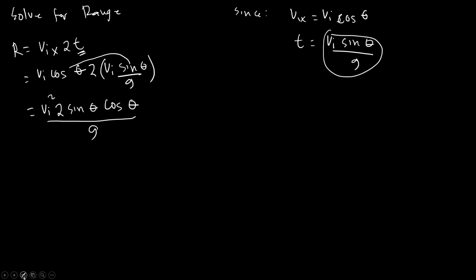Okay, and next one is we're going to simplify this equation. As you can see here, this term here has an equivalent trigonometric identity. We call this the function of twice angle.